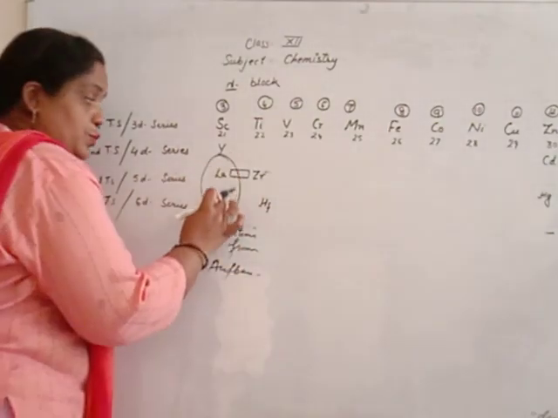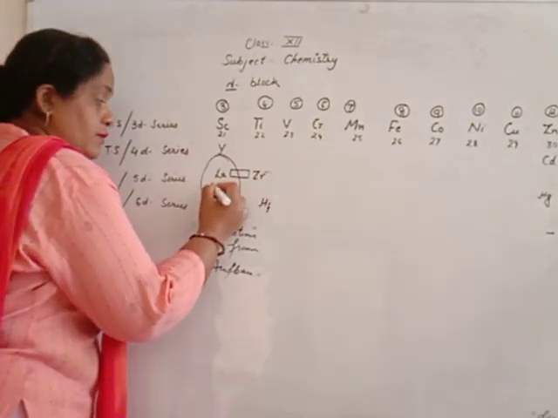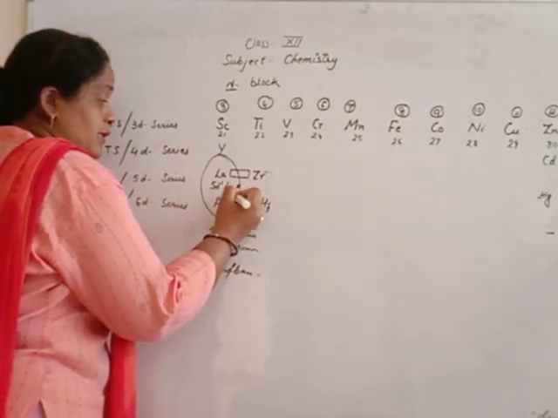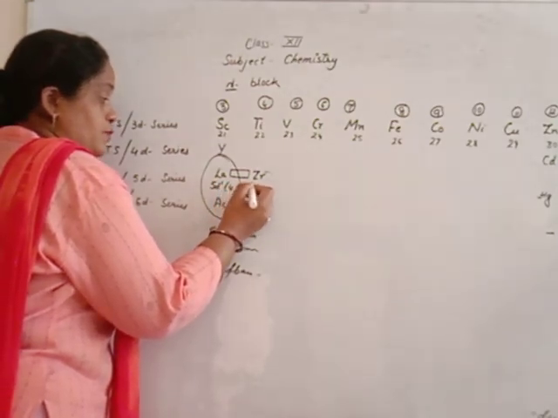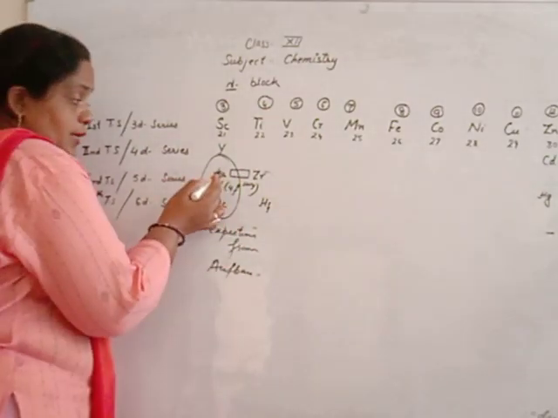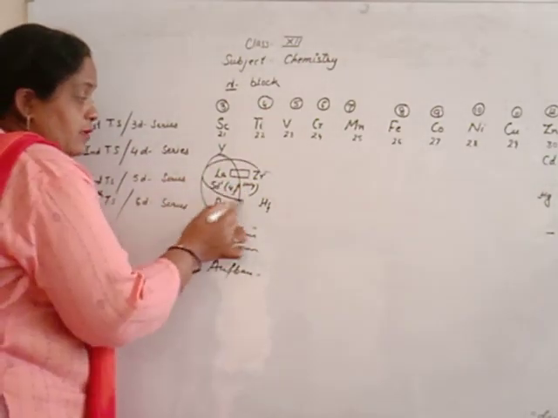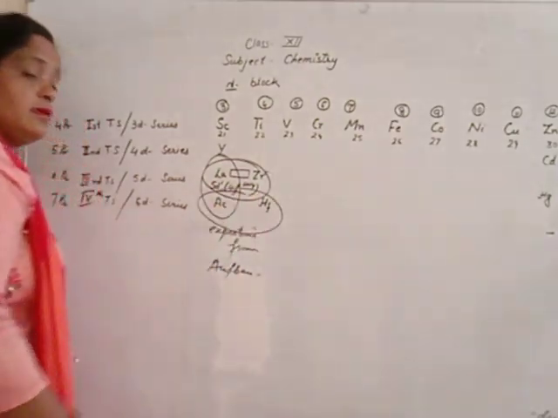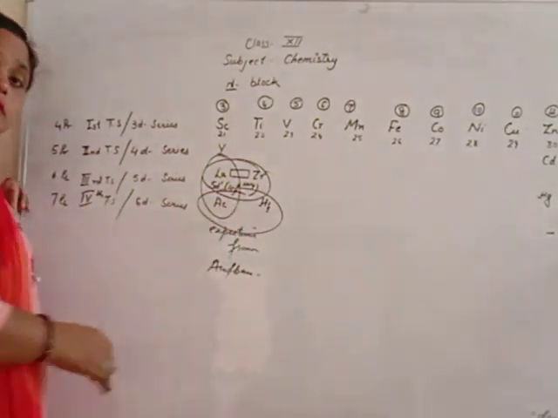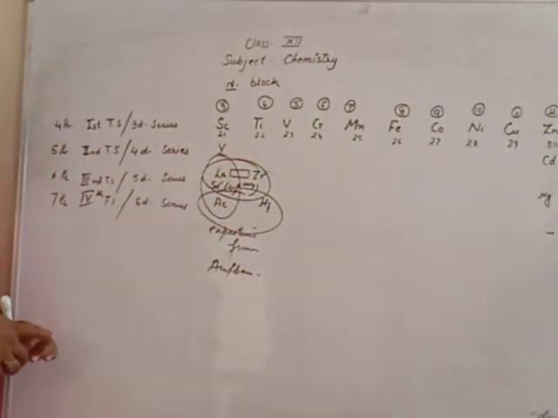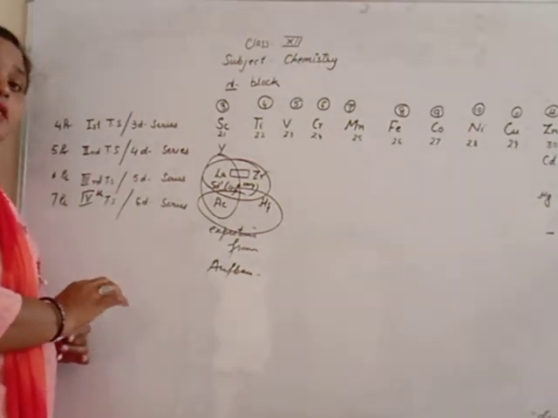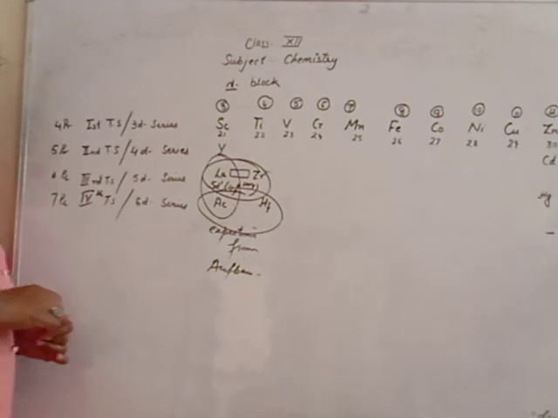But in these two cases, only one electron enters the 5d orbital, then electrons enter the 4f orbital from 1 to 14, then again into the d orbital. So lanthanum and actinium do not follow the above principle, only up to this case. Thank you. You will learn this. We will discuss more about the d block. Thank you, beta.